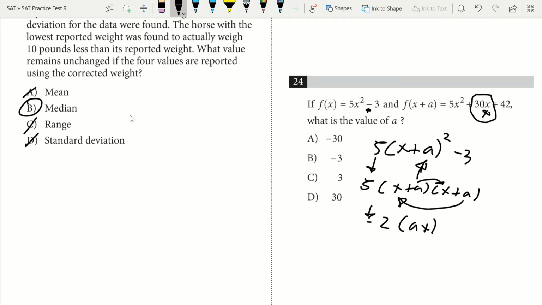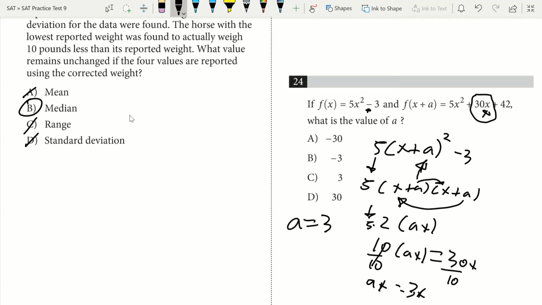So I have this 5 times 2 times ax. I combine that and I get 10ax. Well, I know that that has to equal 30x, therefore I divide each side by 10. 30 over 10 is 3. I get 3x equals ax. I divide each side by x, and I see that a is equal to 3. So my answer there is going to be C.